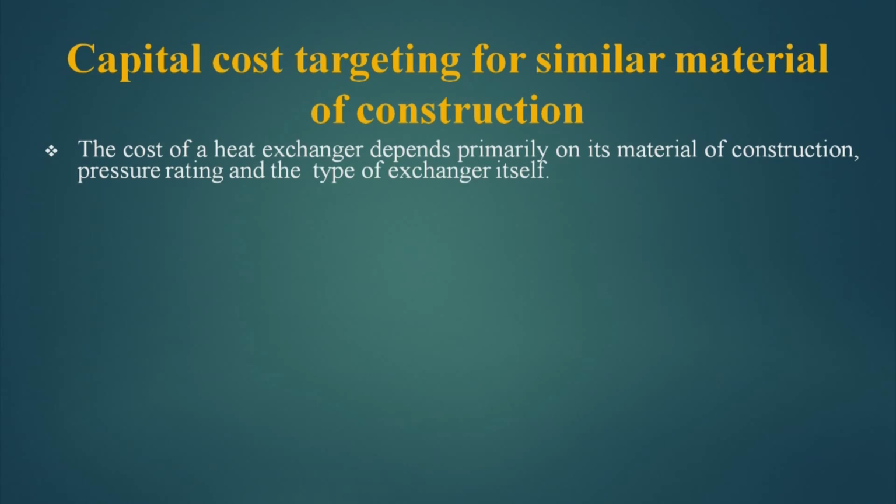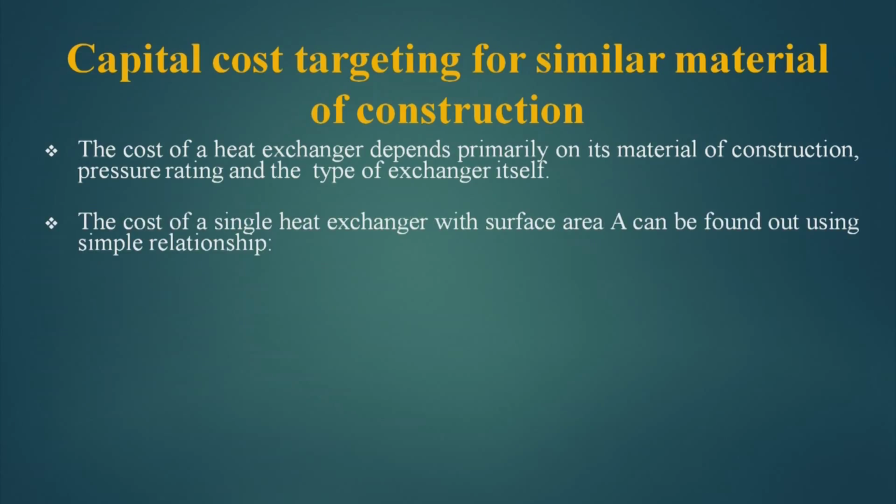The cost of a heat exchanger depends primarily on its material of construction, pressure rating and the type of heat exchanger itself. The cost of a single heat exchanger with surface area A can be found out using a simple relationship.